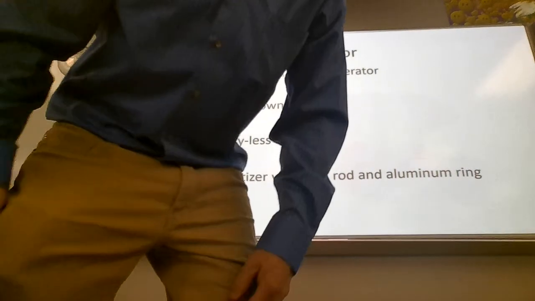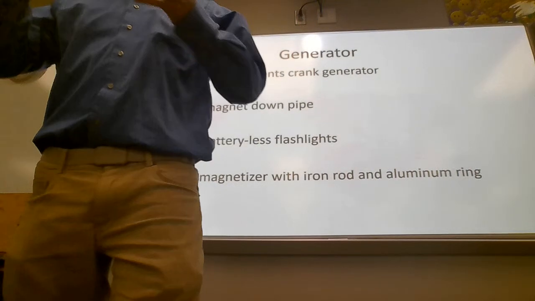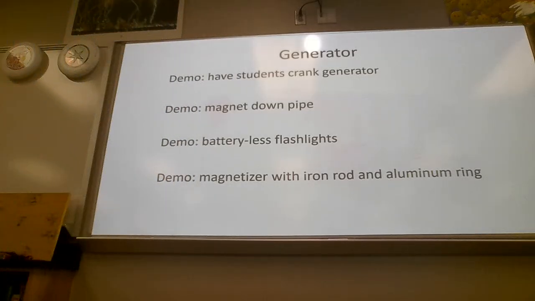Okay, so why that is working: as the magnet goes through the conductive pipe, it's not attracting, but it's actually causing a current to be induced in the pipe. And that induced current creates its own magnetic field that's opposed to the magnetic field of the dropping magnet, so it acts like magnetic friction.